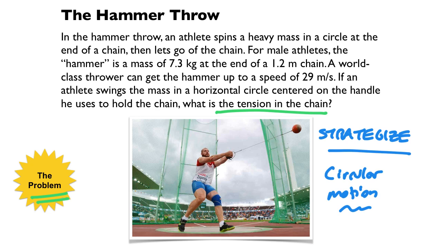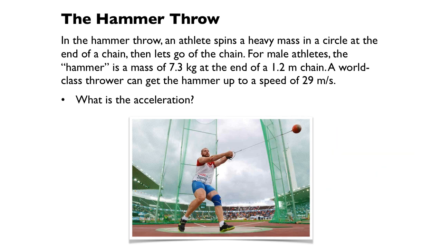Next piece, we're going to prepare. Let's start by thinking about the acceleration. Well, we have the hand. I'm going to do a top view. Now for preparation, I'm going to draw the motion. But for circular motion, it's fairly straightforward.